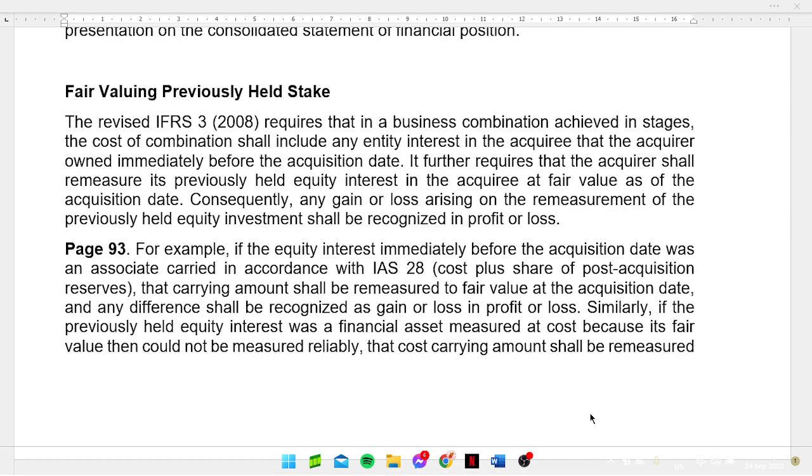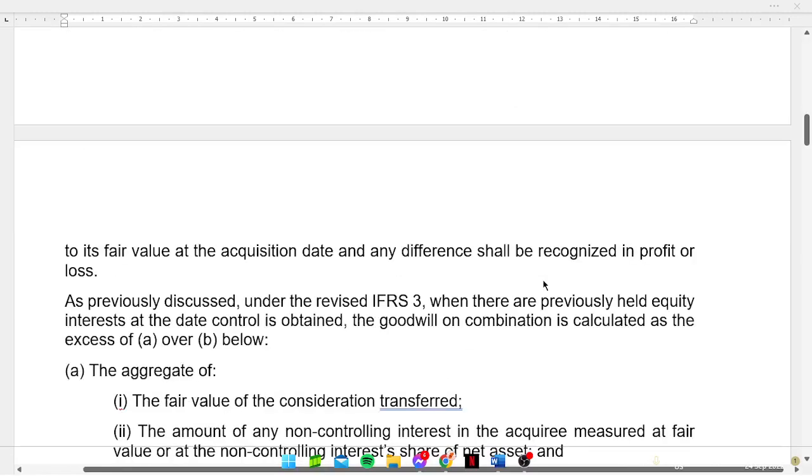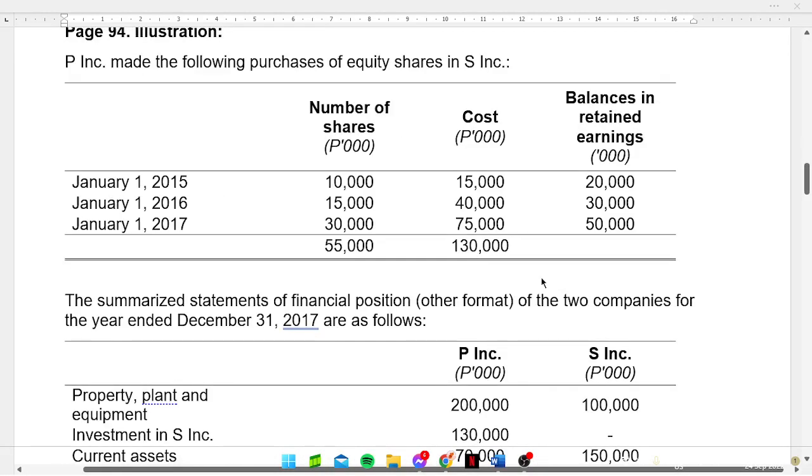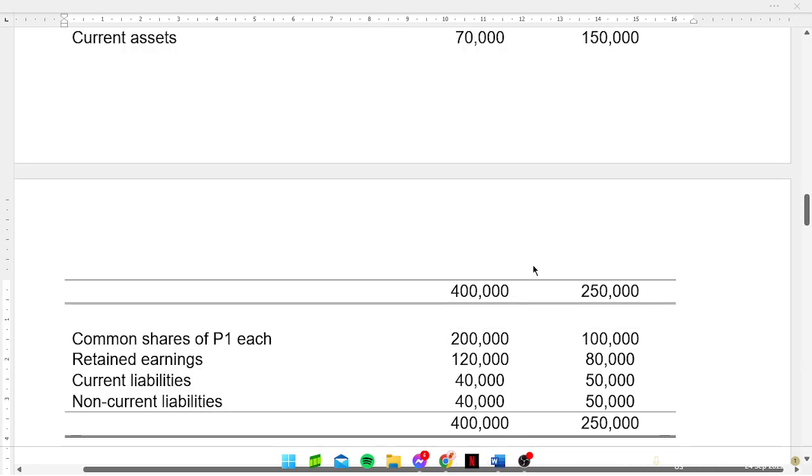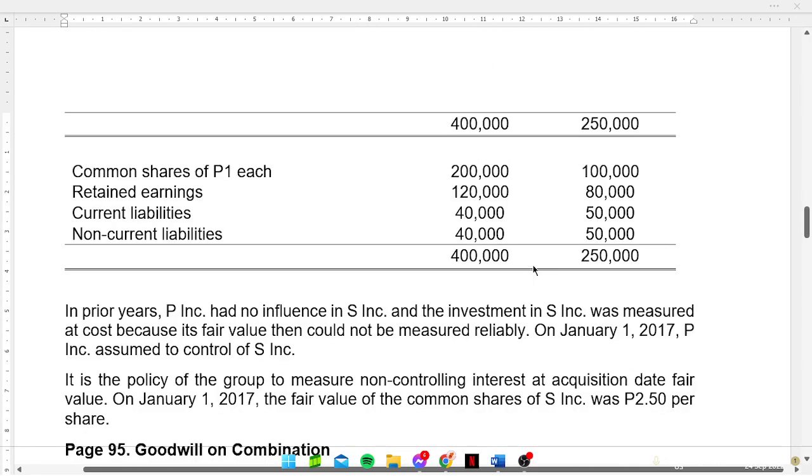Tapos, matapos mo, Ray, na i-present itong narrative, meron kang illustration, no? Ilang tables yan? Dalawang table, ano? Patingin nga, ibaba mo pa. Yan. So, ang retained earnings ni P, 120, no? Samantalang kay S, 80,000.